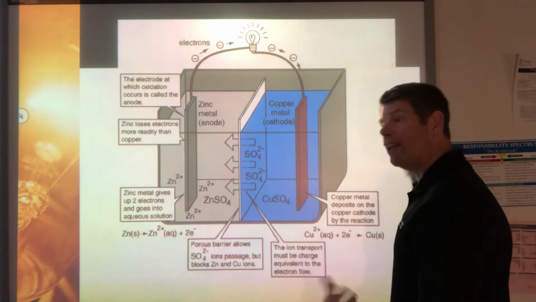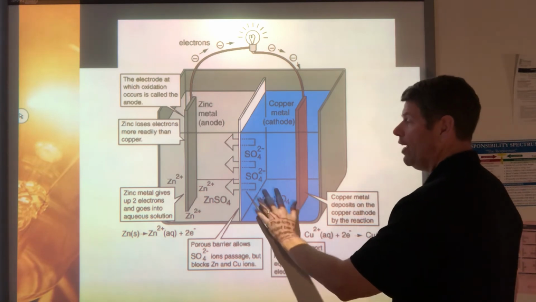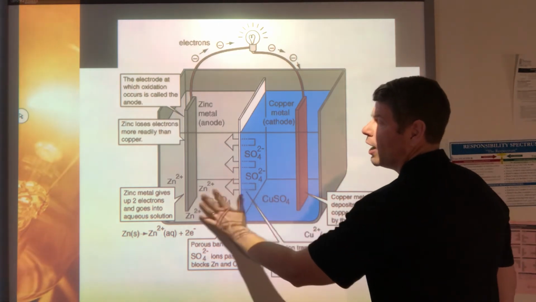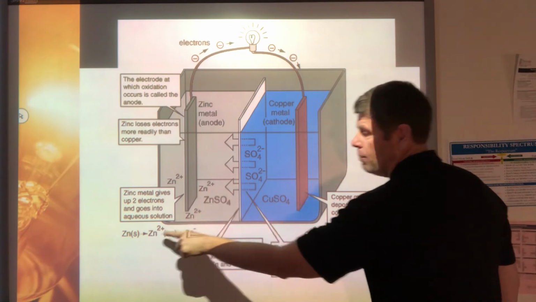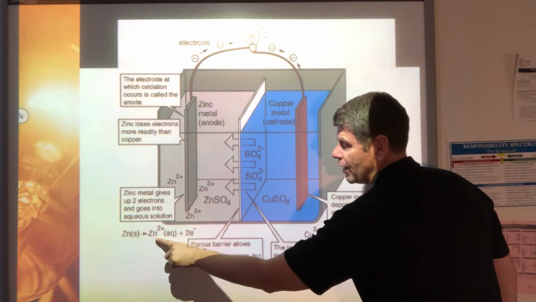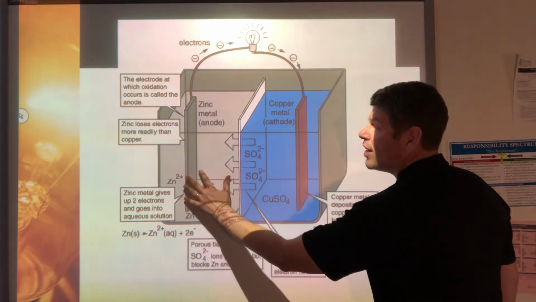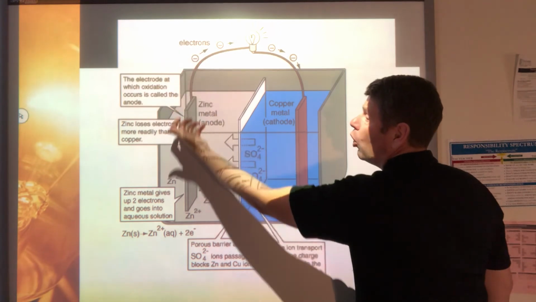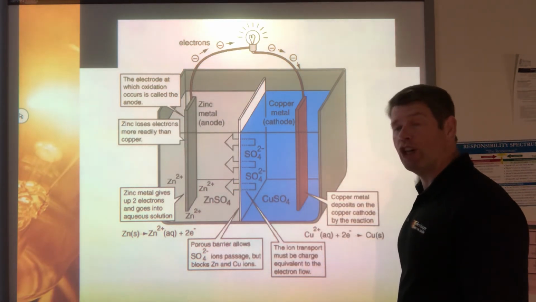And if there's too little of it, eventually your cell would stop. Or if this solution becomes too positive, because remember it's getting more positive all the time as the zinc becomes zinc 2+, the increase in positive charge will pull the electrons back, because remember, opposite charges attract each other.